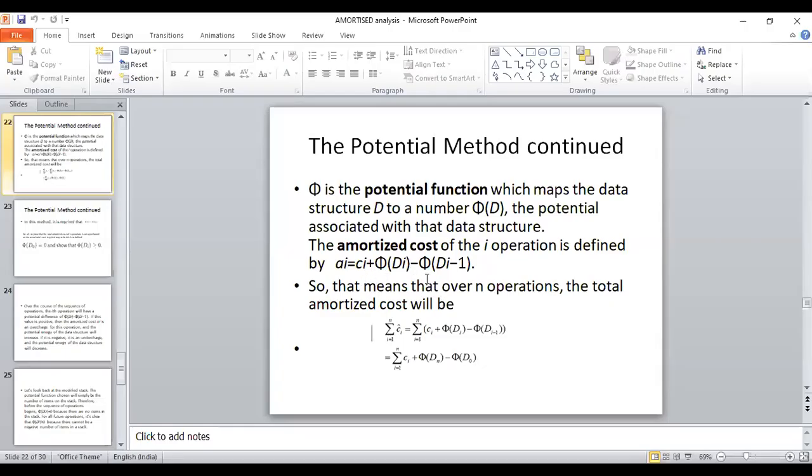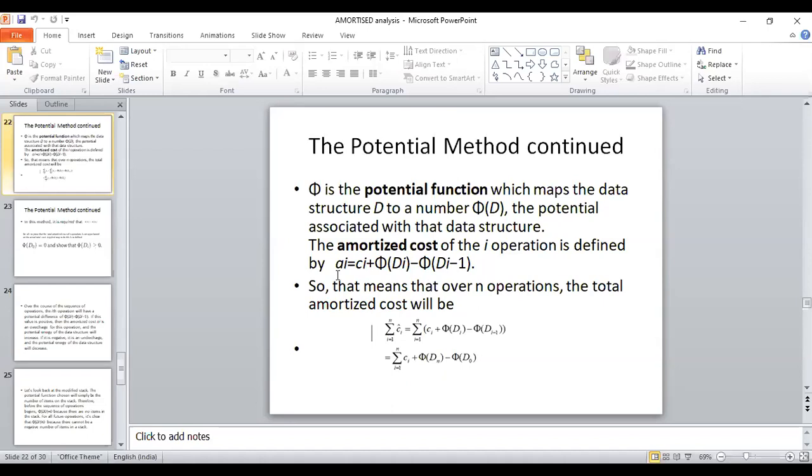Ci means the cost of the operation, plus phi of Di, that is the potential cost, minus phi of Di minus 1. The difference of the potential functions of Di and Di minus 1 is added to Ci.